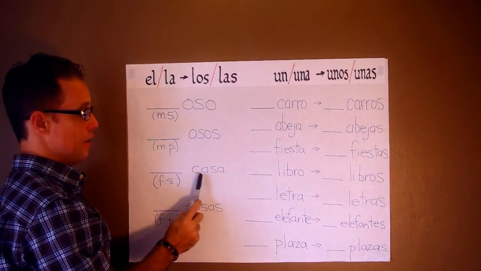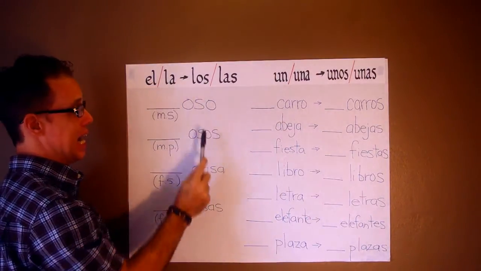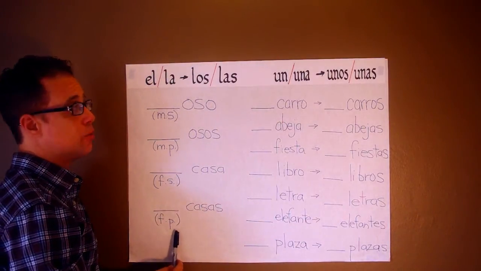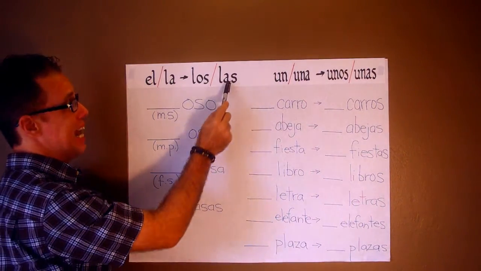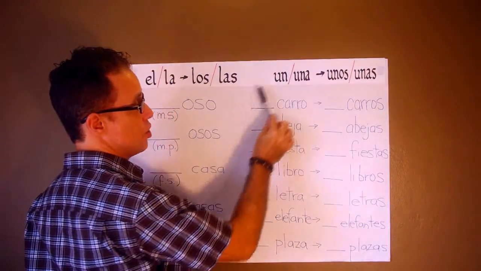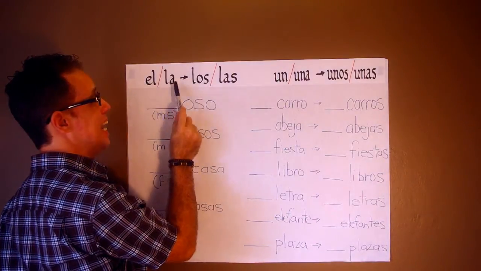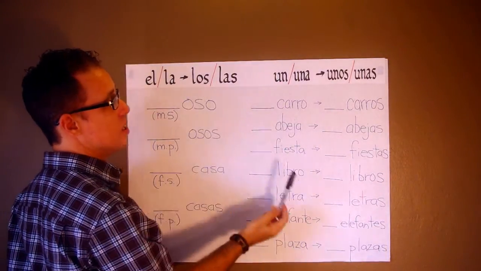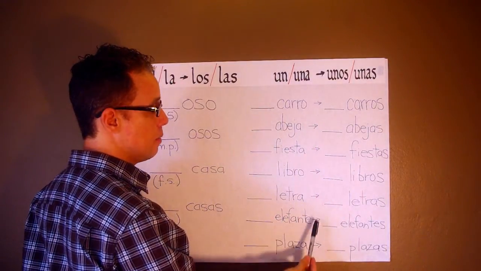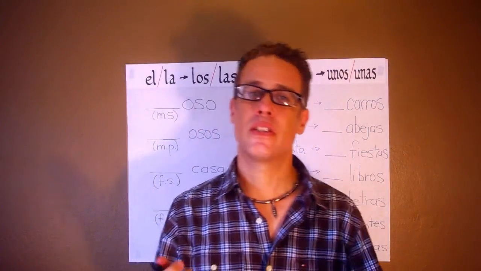If I told you casa is a feminine singular noun, you would use la casa. If I told you casas is a feminine plural noun, you would use las casas. Now copy all of this just as it is and fill the blanks with either el, la, los, or las. You will have to notice the ending to know if it is plural, singular, masculine, or feminine. So stop the video right now.